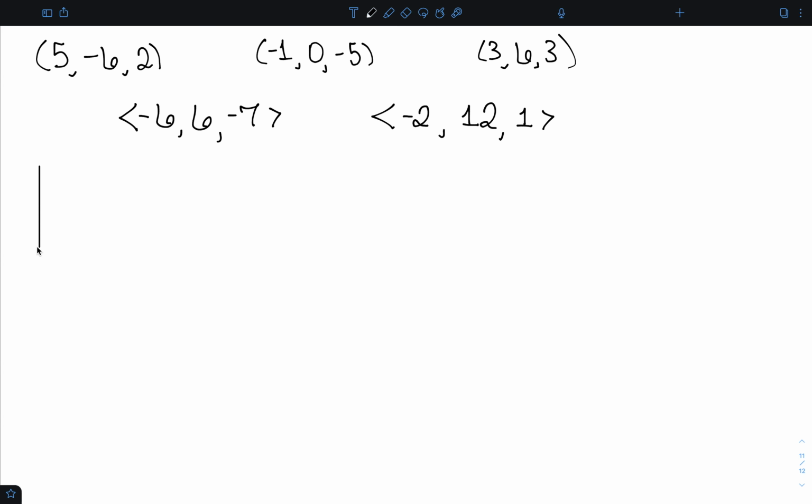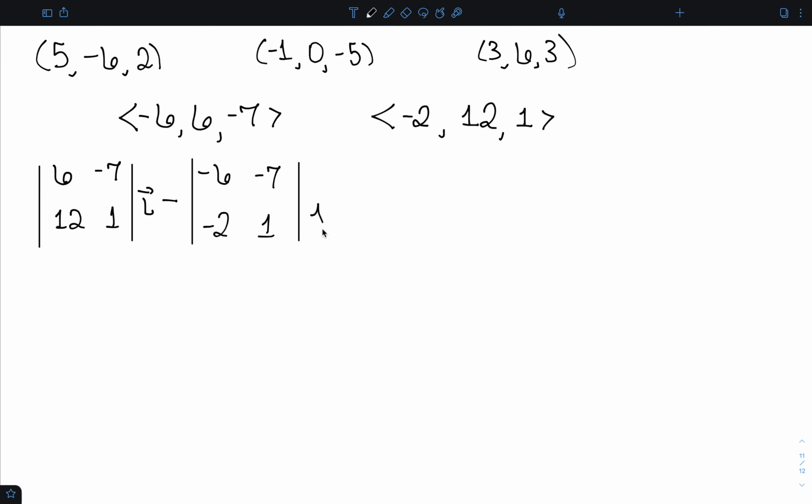To find the cross product, I start by ignoring the first coordinates. So I have 6, -7, 12, 1 times i, minus, ignore the second coordinates. That leaves me with -6, -7, -2, 1 times j, plus, ignore the third coordinates. -6, 6, -2, 12 times k.